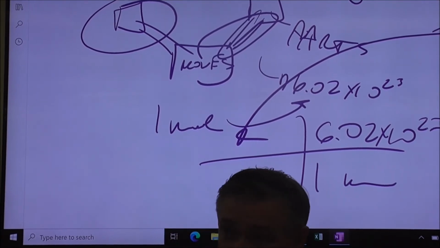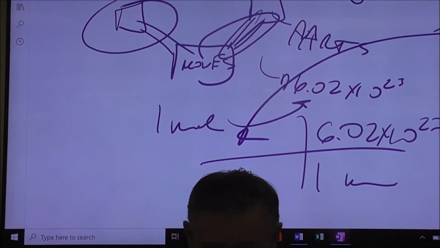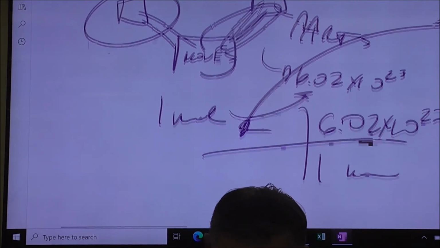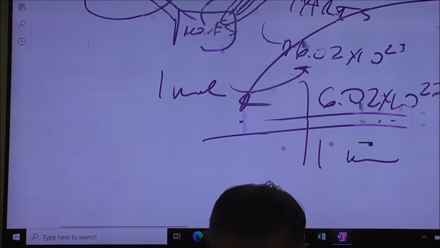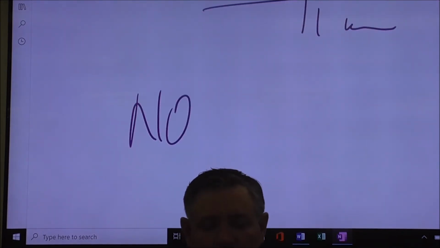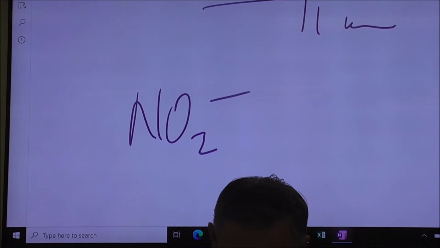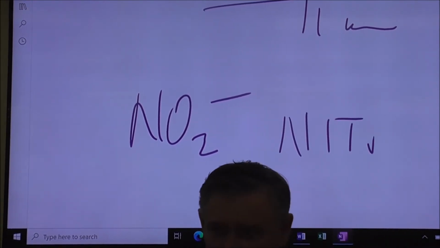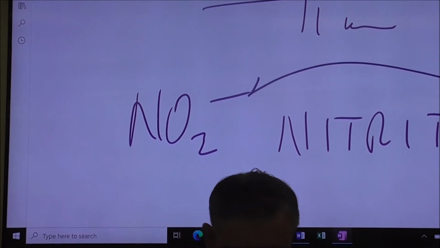These are all the polyatomics. So I might say, what is NO2? and ask you for the name of it. Or I'll tell you, here's nitrite, and you write the formula. Those are the first 7.